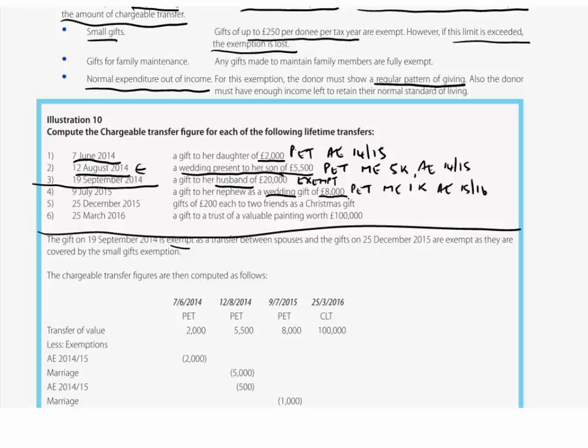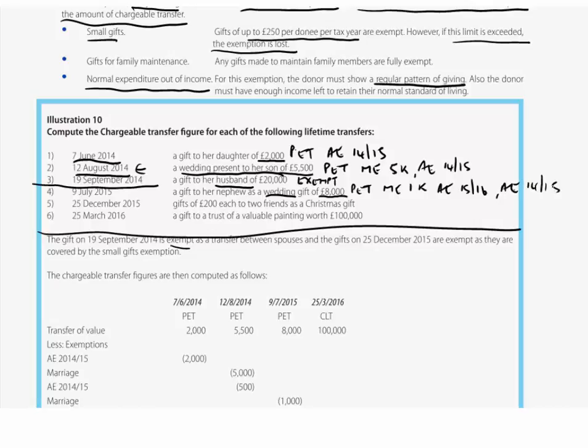Having now used up all of the 15-16 annual exemption, remember, you could carry forward an unused annual exemption from one year to the next year. So, having now used up all of the current year, 15-16, do we have any unused annual exemption brought forward from 14-15? Yes, we do.